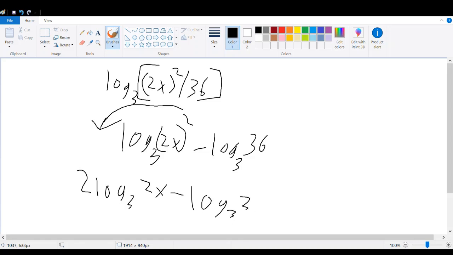36 is 3 times 12, and we're going to separate that. Now we're going to separate a bunch of stuff by addition. Oh, whoa, what did I just do?